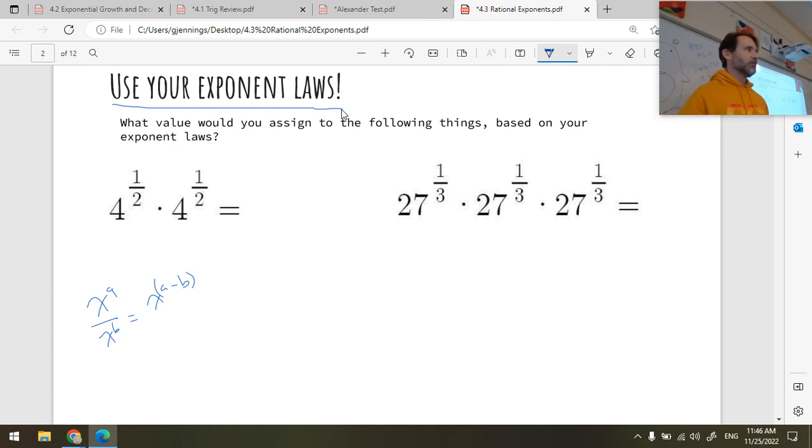You can say no because it doesn't look like this situation. I'll keep going. It's not this situation either: x to the a raised to the power b, that's x to the a multiplied by b. It's not that. It's this one: x to the a multiplied by x to the b.